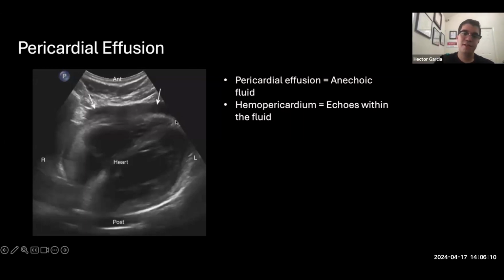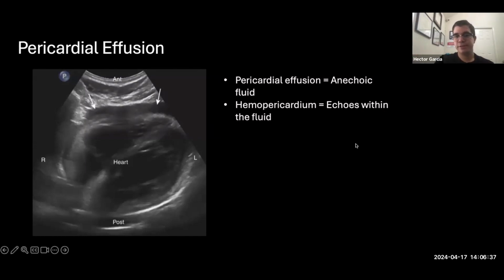The reason you see electrical alternans is that the heart is kind of dancing within the fluid. And you see low electrical voltage because the signal dampens through the fluid.